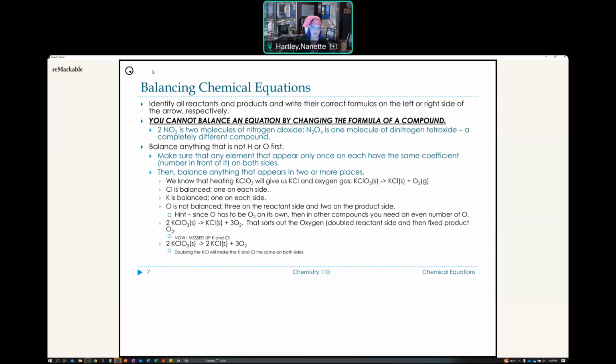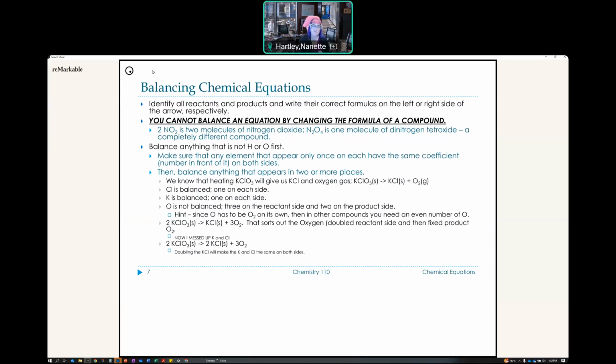That stuff is fixed by either the charge on the ions or by the name that was given. That's what determines how many of each that I have. All right. So that is important. We cannot change it that way. All we can do is change the number out in front of it.